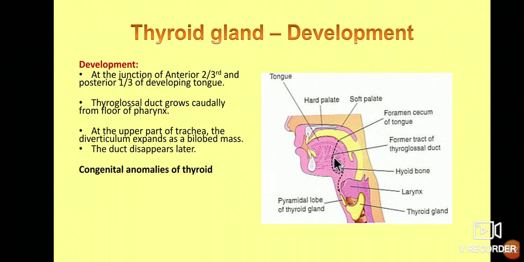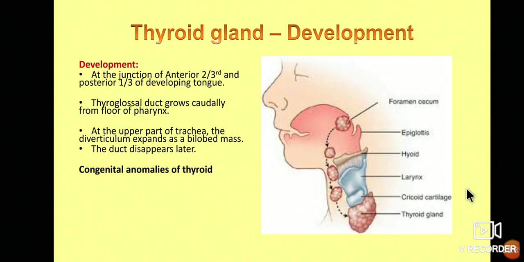Now, if the duct does not obliterate and presents as a remnant anywhere along its descent, it forms a cystic swelling called the thyroglossal cyst. Then, sometimes there are anomalies of the thyroid gland. One of the lobes might be absent, the isthmus might be absent. The thyroid might not descend and will be present at the posterior part of the tongue itself, which is called the lingual thyroid.